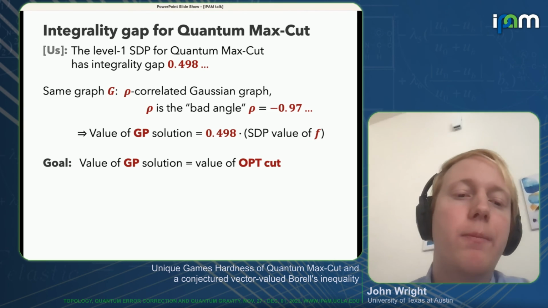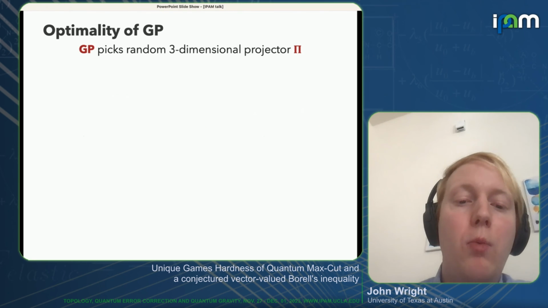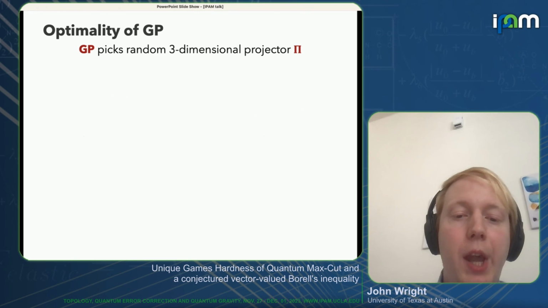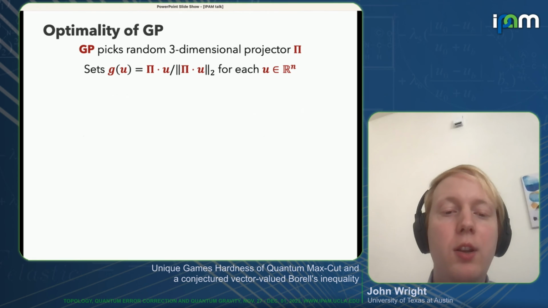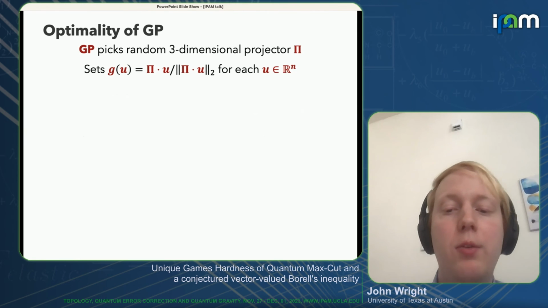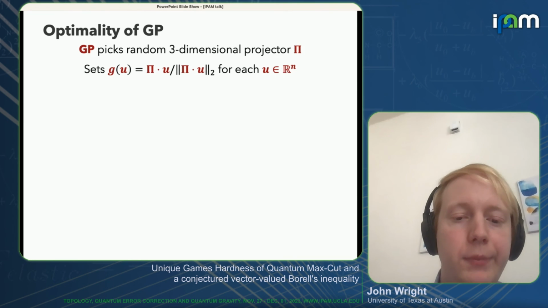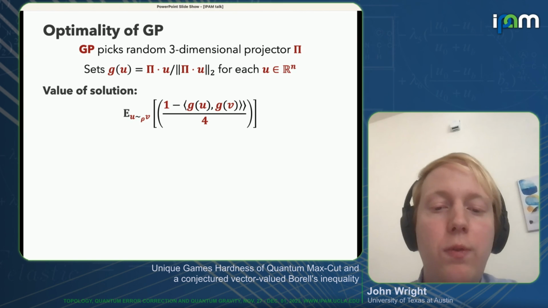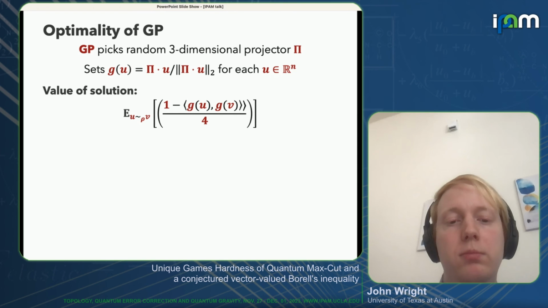Okay, so how do we show this? Well, remember, Gribling-Perec is going to pick a random 3-dimensional projector pi. And it's going to round the vector u. It's going to project it down onto pi and then normalize it for every vector u in R^n. So the value of the solution is just going to be the expectation over u, v of 1 minus the inner product of g(u) and g(v), over 4.